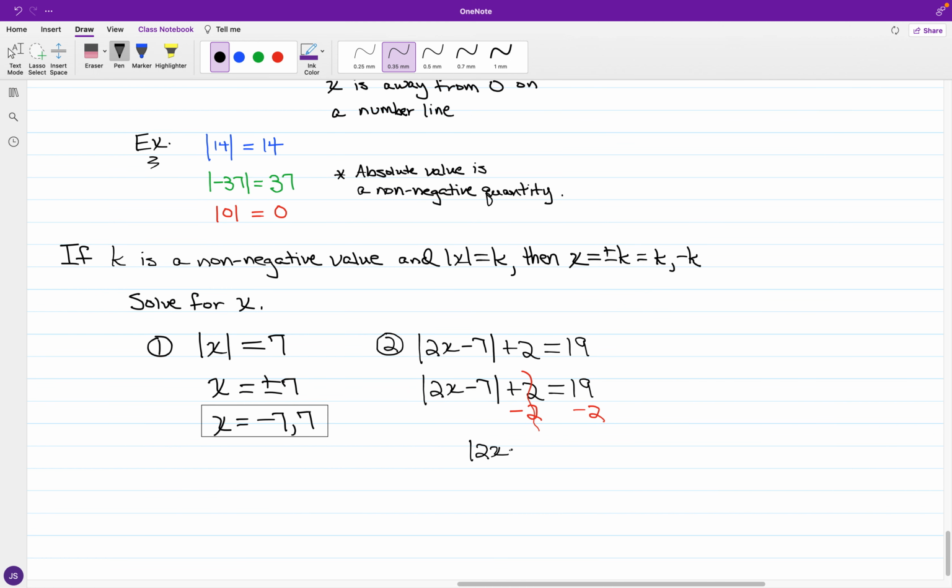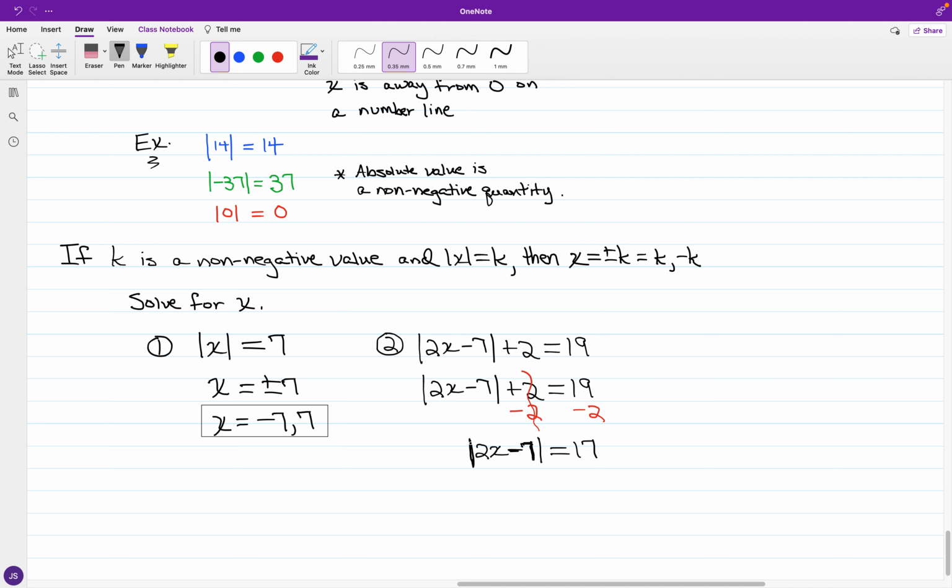Okay, so on the left-hand side we have just the absolute value of 2x minus 7. And to the right, I have 19 minus 2, which is going to be 17. So right now the k value is going to be 17. 17 is non-negative. Absolute value of x is represented by the absolute value of 2x minus 7.